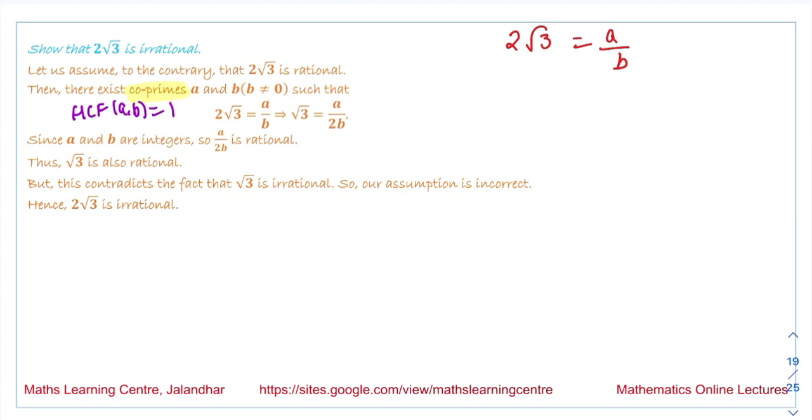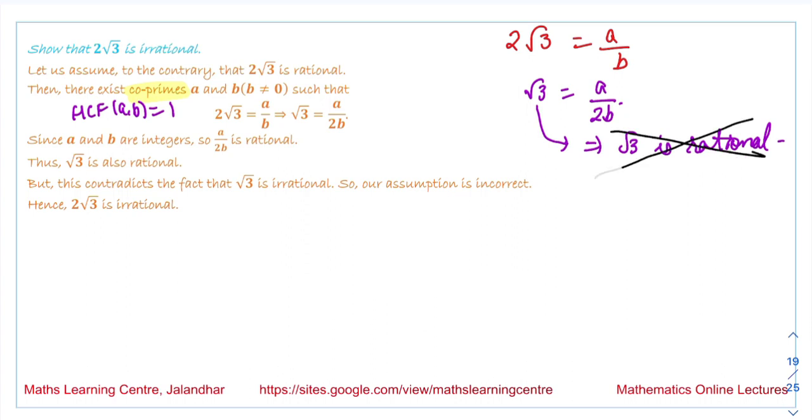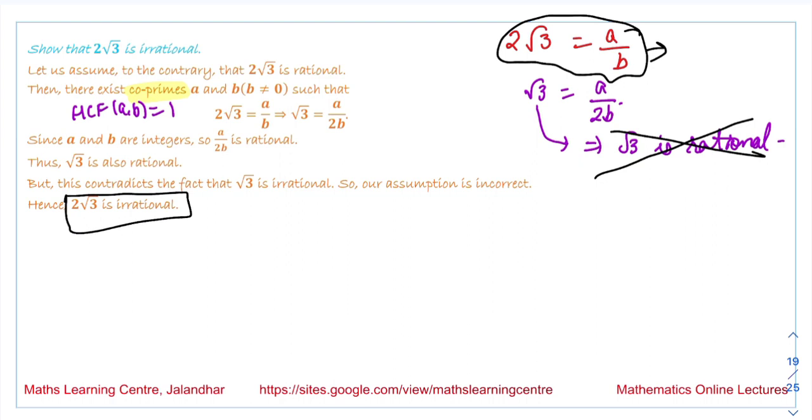So what we get from this is that root 3 is equal to a by 2b. This implies that root 3 is rational, and we know that this thing is not correct. It means our supposition that this number is rational is wrong. It means 2 root 3 is an irrational number.